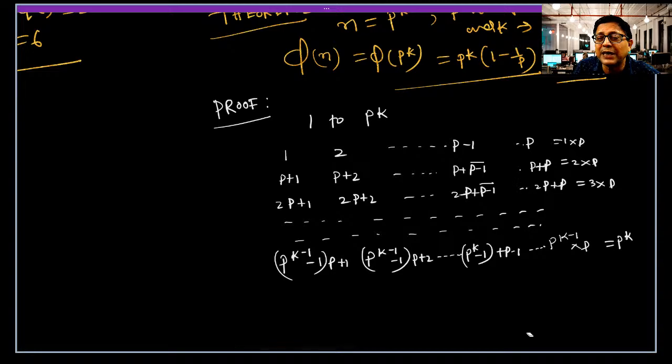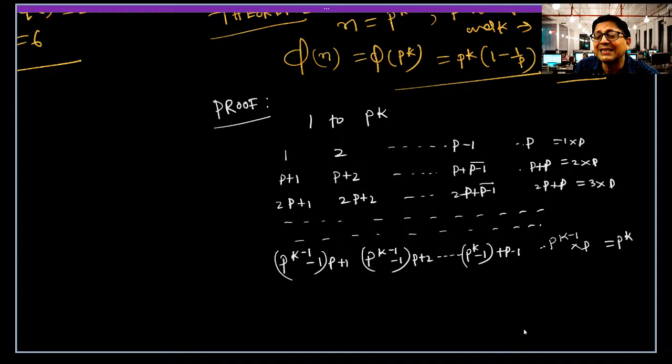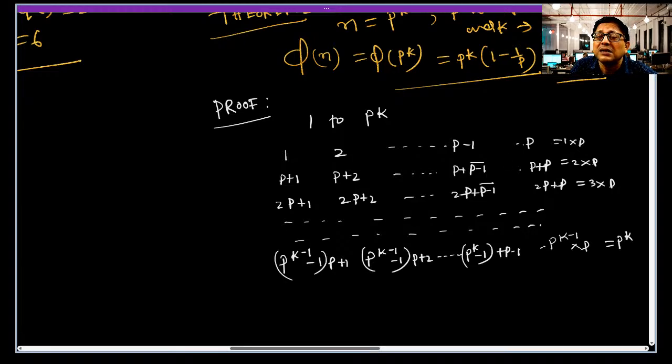I am just writing p elements in each row, isn't it? So in every row, the last elements, 1 into p, 2 into p, 3 into p, up to p^k, these p^(k-1) elements are not prime to p^k, they have a common factor.